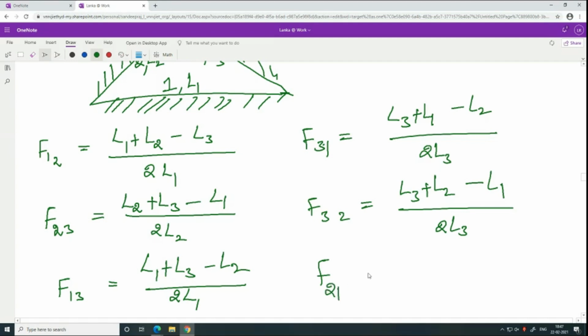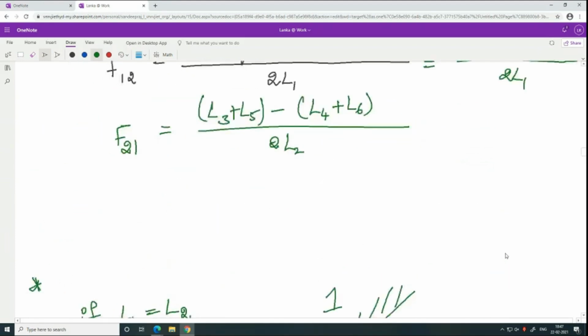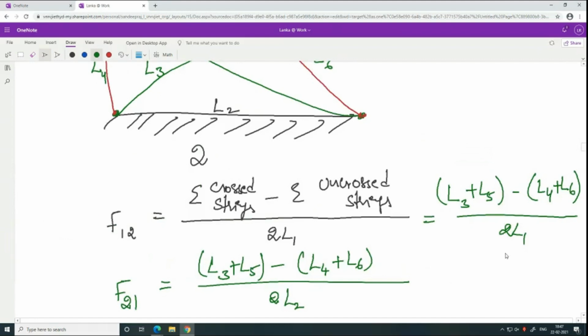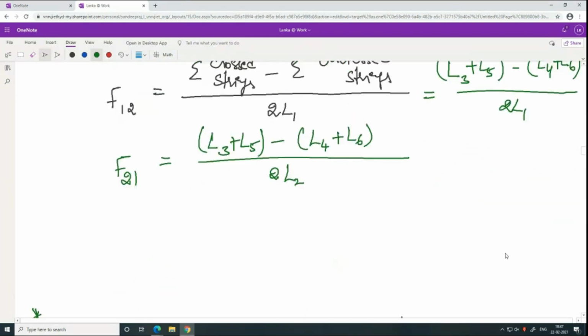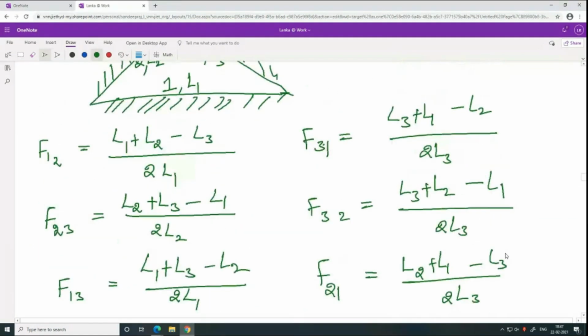F21 I will write: this will be equal to L2 plus L1 minus L3 by 2L2. This is kind of an extension of your crossed string case. The similar kind of thing only. If it is uncrossed, you'll get a minus. Similar thing. You cannot say the same, but it's a kind of similar story.